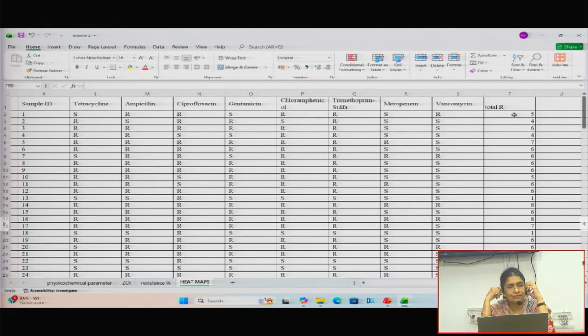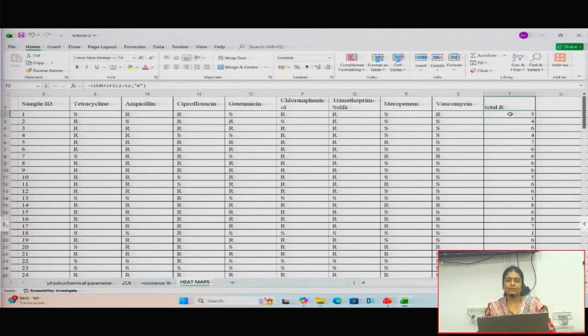Equal to COUNTIF, and under quotes you put R. See here. Between all the 8 columns, if it is R, then that counts. So for all the samples, I'm just getting a total value of R.